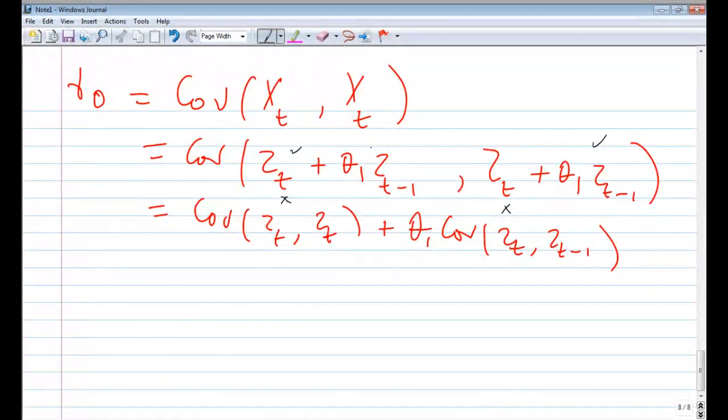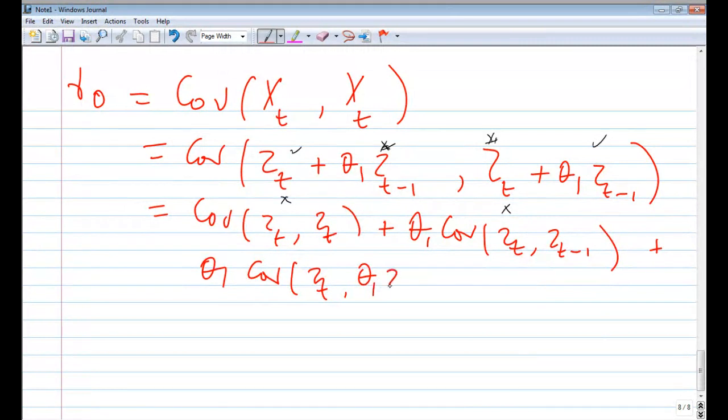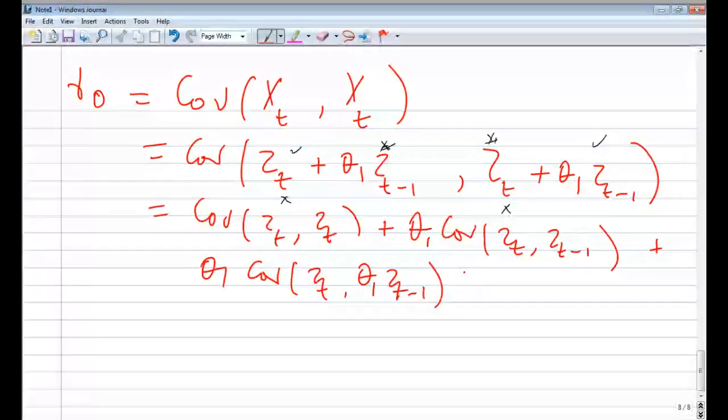Then you combine theta 1 zt minus 1 with zt. Find the covariance of that. You get theta 1 because theta 1 is a constant. Then the covariance of zt minus 1, zt. You proceed, and combine this one with this one.